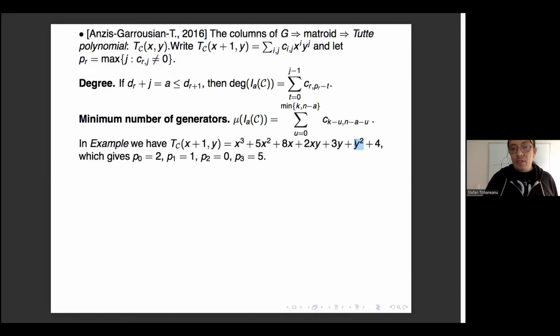P0 is 2 because we have a y squared right here. P1 is the maximum j such that the coefficient of x y to the j is nonzero. Where will x show up? So we have an x y to the 1. If we had had x y squared somewhere, then P1 should be 2, right? And so forth.